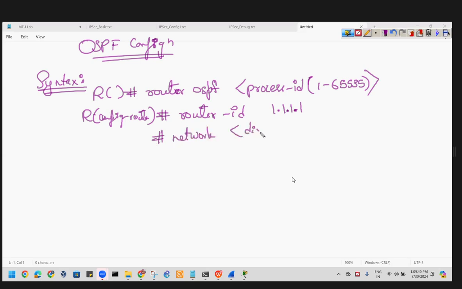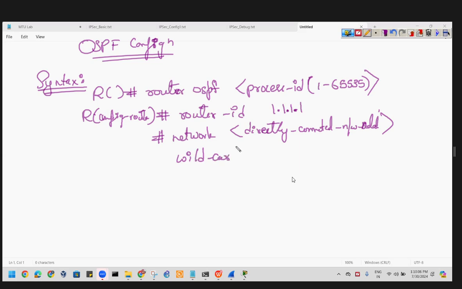Then you will advertise the directly connected networks. If you consider R1 has two networks, that is 10 and 20, you'll advertise those directly connected network addresses. You will not give the subnet mask in this; you will give the wildcard mask.